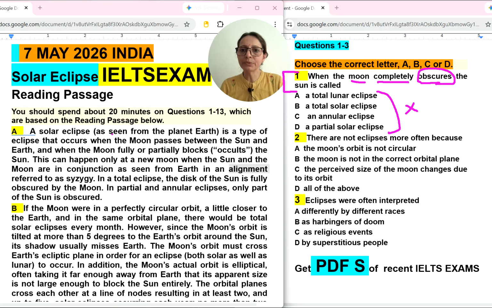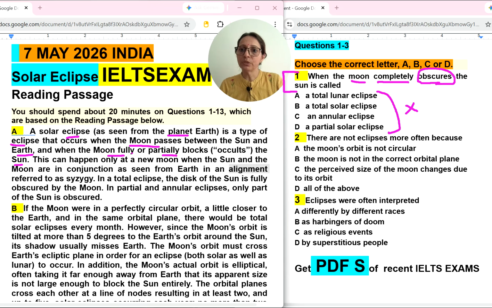A solar eclipse, the writer has started talking about solar eclipse as seen from the planet Earth, is a type of eclipse, a definition that occurs when the moon passes between the sun and the earth, and when the moon fully or partially blocks the sun.